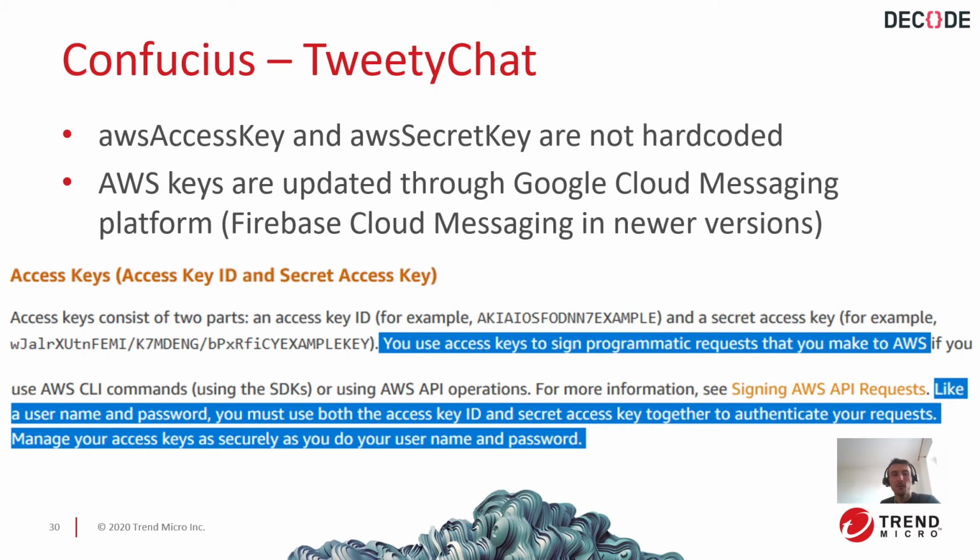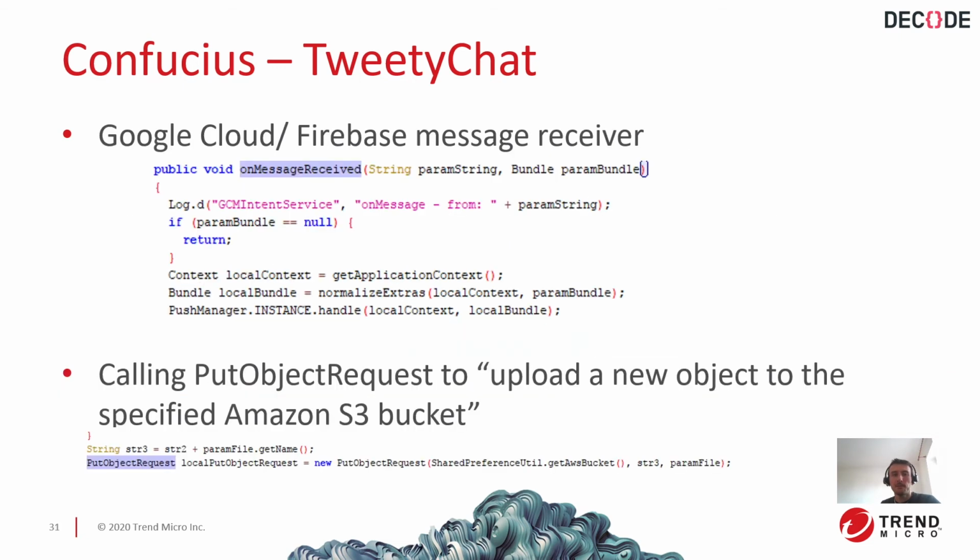For this purpose, we need two keys, the AWS access key and the secret key. They are uploaded through Google Cloud Messaging or Firebase Cloud Messaging. So by simply reverse engineering the malware, we cannot discover these keys, and we didn't have them when analyzing this malware.